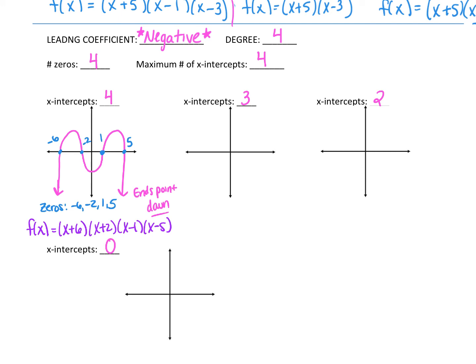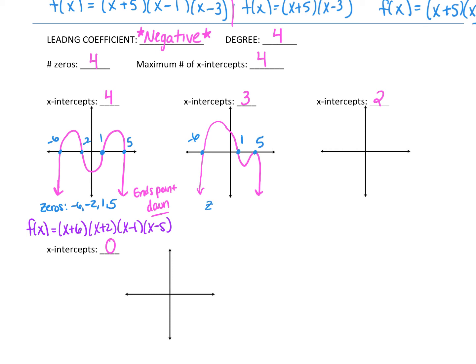So what would it look like if we had 3 x-intercepts? It's still a negative leading coefficient, so my ends are still going to point down. So I'm going to go through again, touch, back down. I'm going to fix this so it looks a little bit more like it hits at a spot. Okay, so we'll still call this guy -6, we'll still call this guy 1, and we'll call this guy 5.